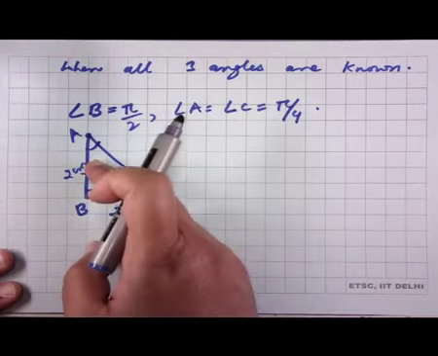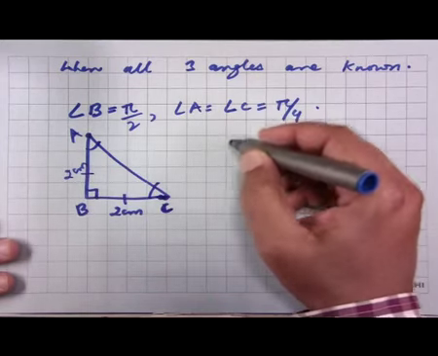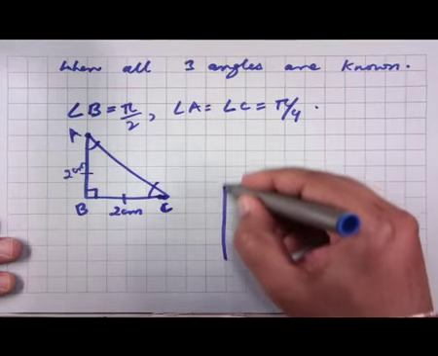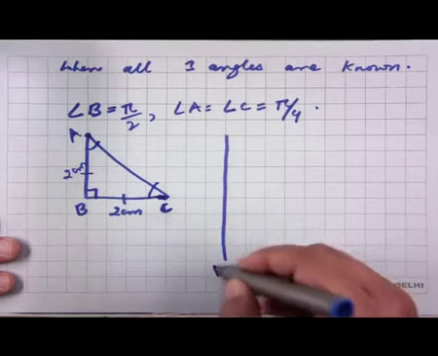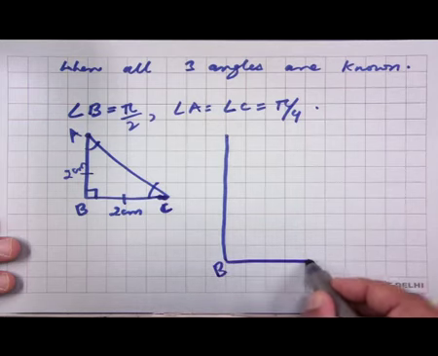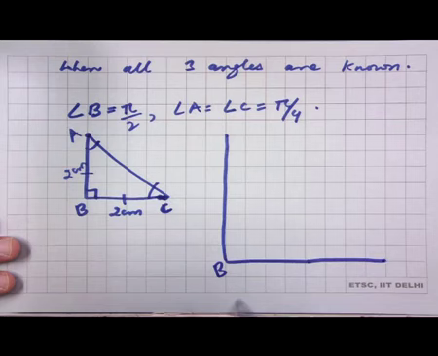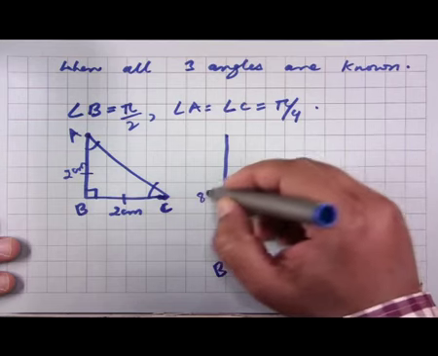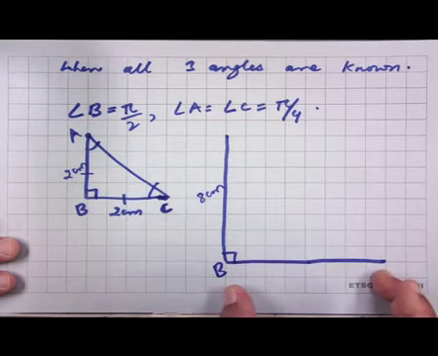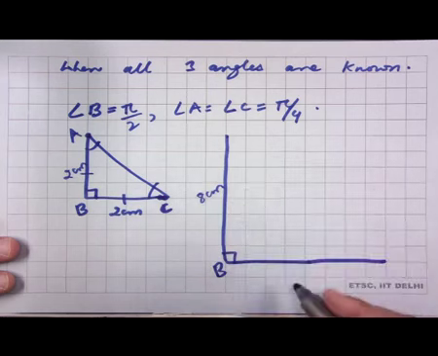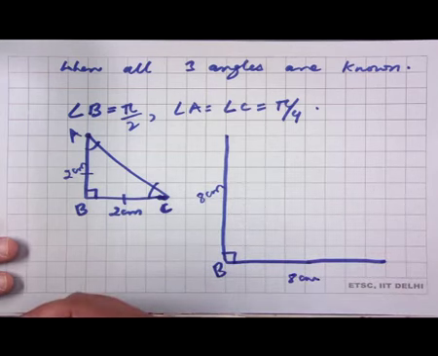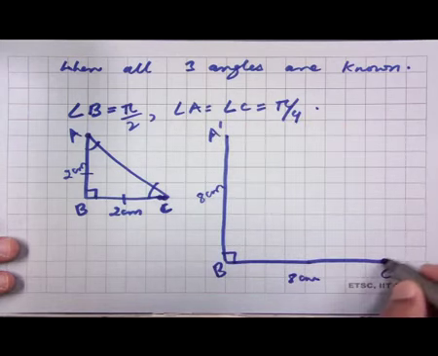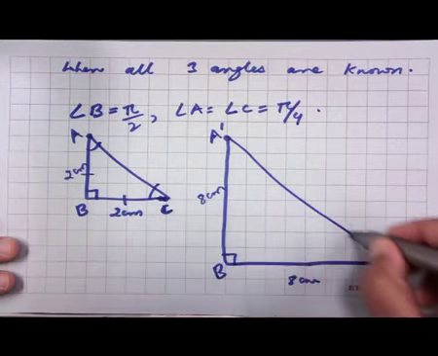Now, if instead of 2 centimeter, if we had drawn another bigger triangle like this, where again we have 90 degrees at B, but now let us say this is 8 centimeter and this is also 8 centimeter, and then we similarly join A prime to C prime.